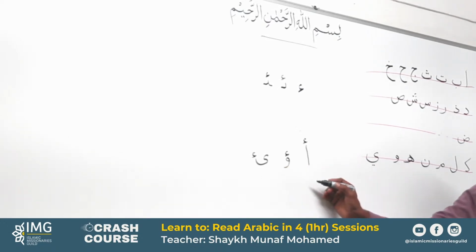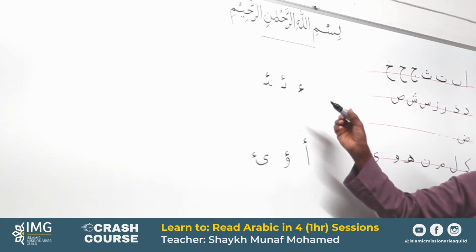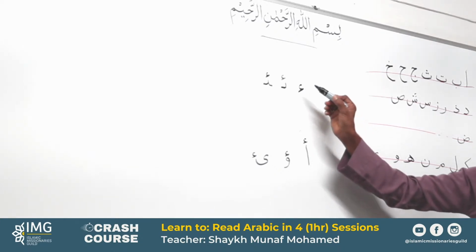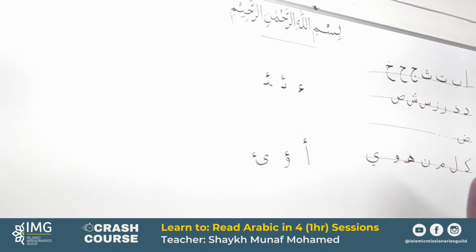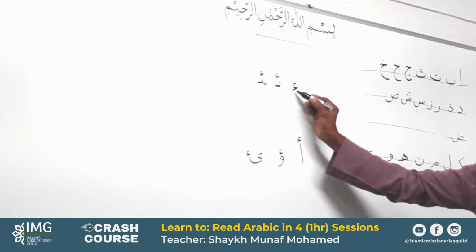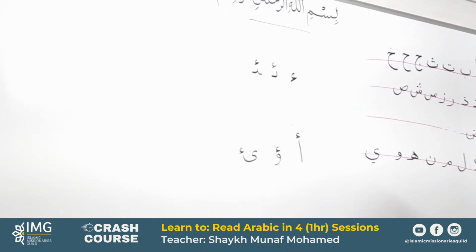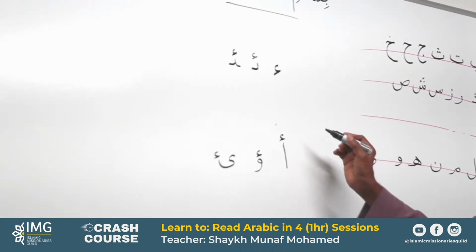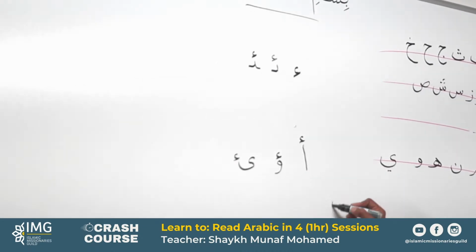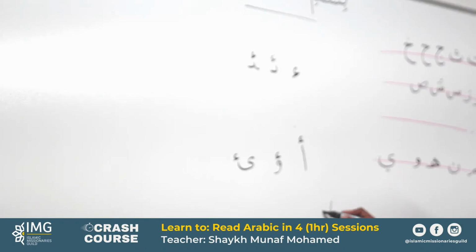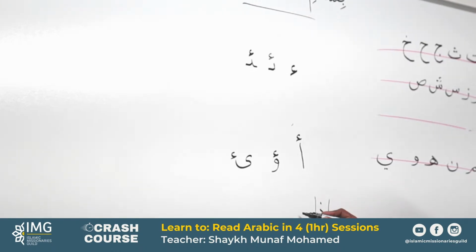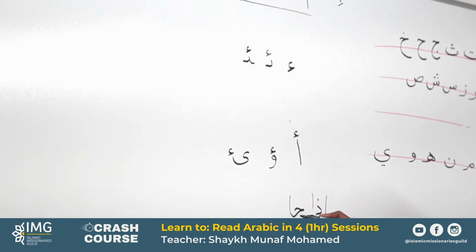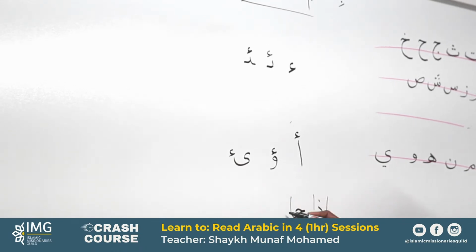Okay? So you have examples in your handout of words that occurred in the Quran where you see the Hamza looking like this. For example, in Surah An-Nasr, إِذَا جَاءَ نَصْرُ اللَّهِ. All right? So in that surah, إِذَا, and then you have جَاء, and then you have a Hamza here.